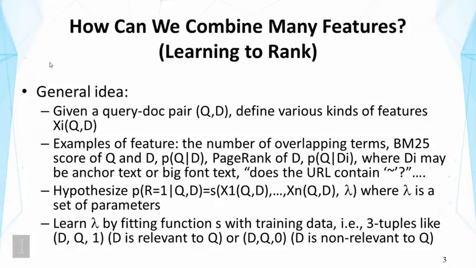Now, this is, of course, just an assumption. Whether this assumption really makes sense is still a big question, and we still have to empirically evaluate the function. But by hypothesizing that the relevance is related to these features in a particular way, we can then combine these features to generate a potentially more powerful ranking function, a more robust ranking function.